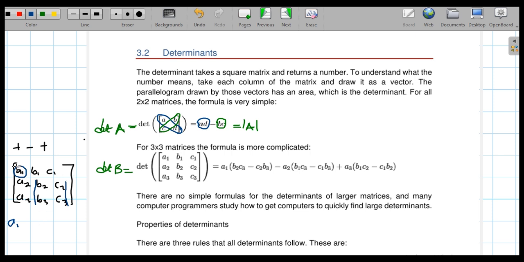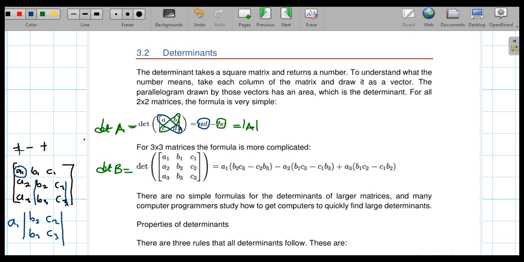Once you are picking A1, the first row and first column are deleted. You are only picking A1, multiplying it by the determinant of B2, C2, B3, C3.